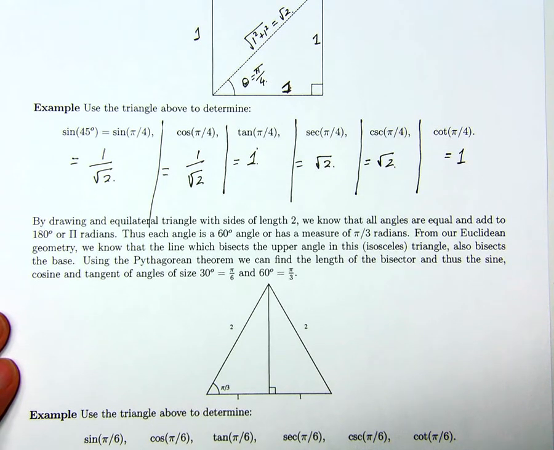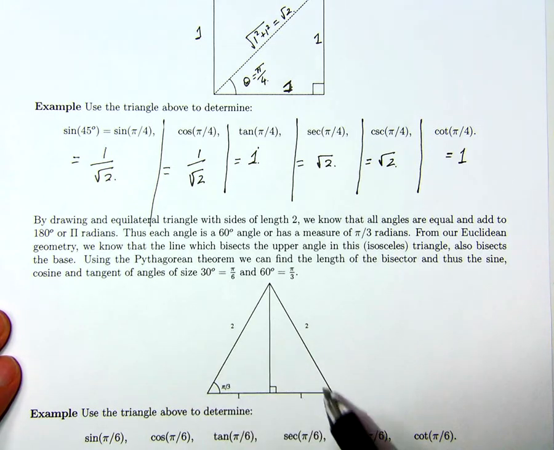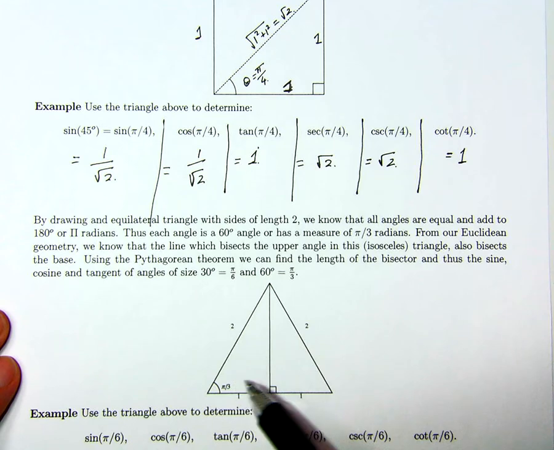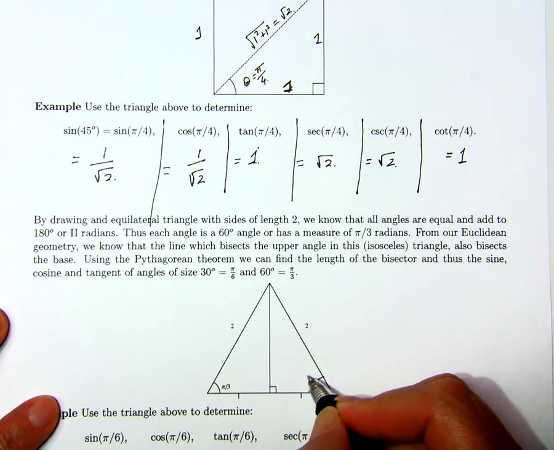Well, we start by drawing an equilateral triangle with sides of length 2. And of course these three angles add to 180 degrees, so they each have measure 60 degrees, or pi over 3. So each of these angles are pi over 3.